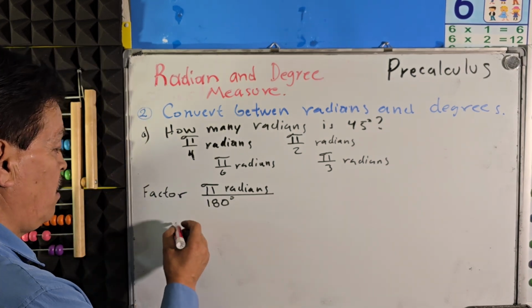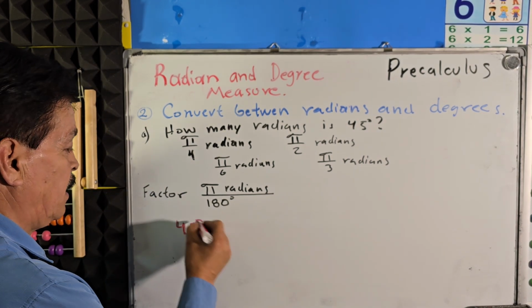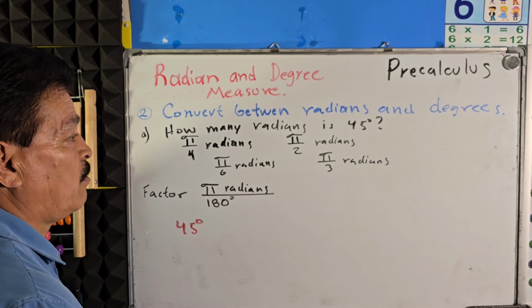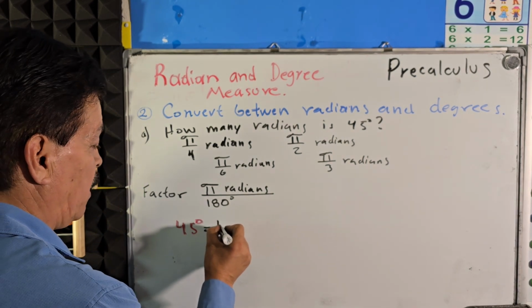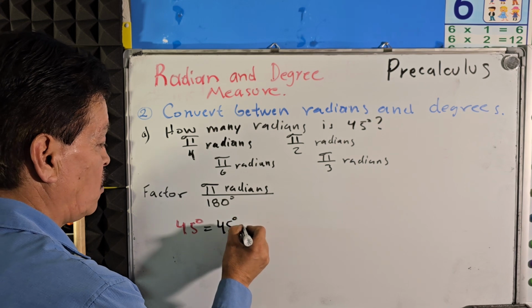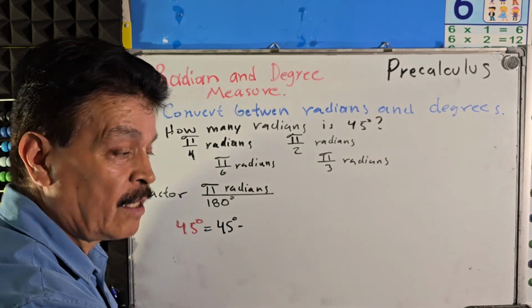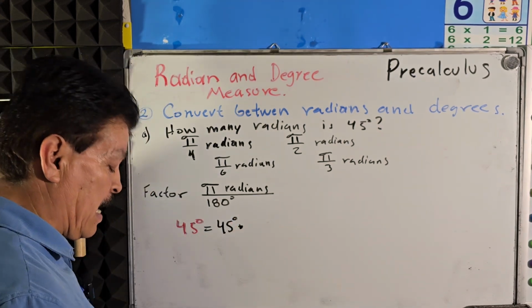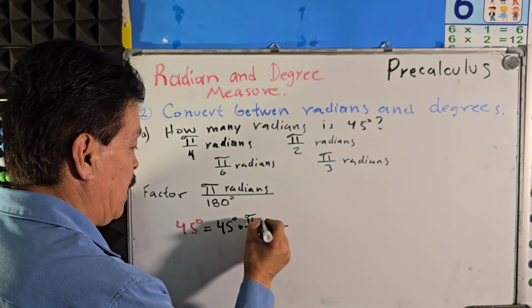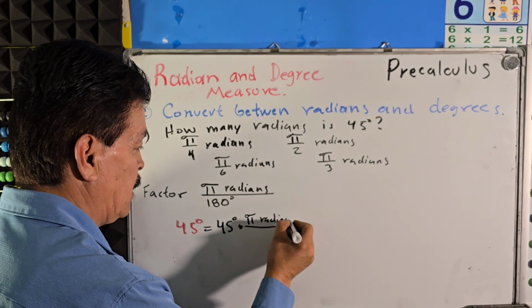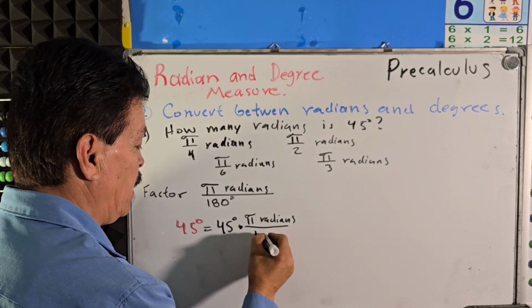For 45 degrees, that's our problem. So this will equal 45 degrees times this pi radians divided by 180.